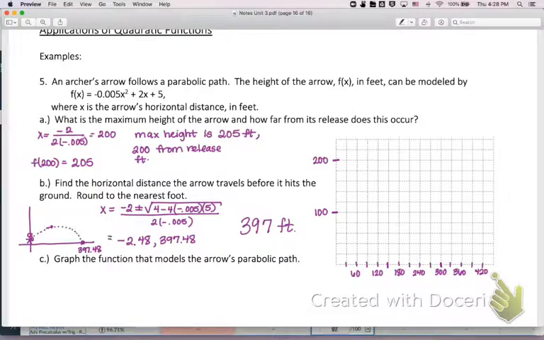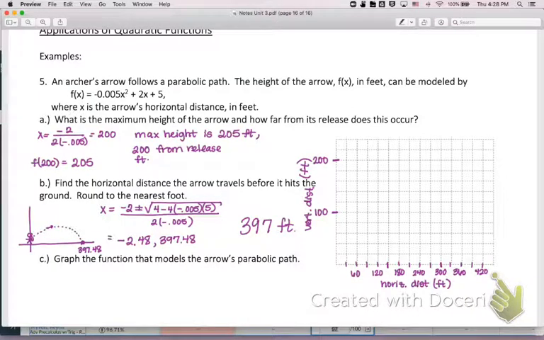Now let's make sure we label our graph. The x value is the horizontal distance in feet. And the y-axis is your vertical distance, again, in feet.